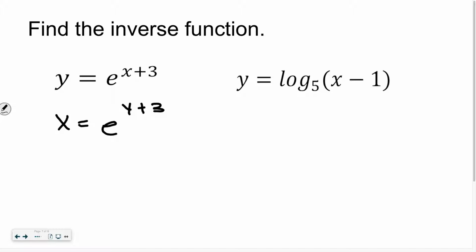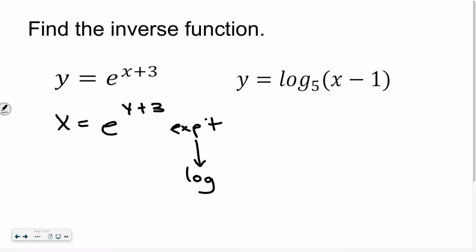You have to solve for y, but it is trapped in an exponent. So you're going to rewrite it as a log. So this is exponential. So we're going to turn it into a log.